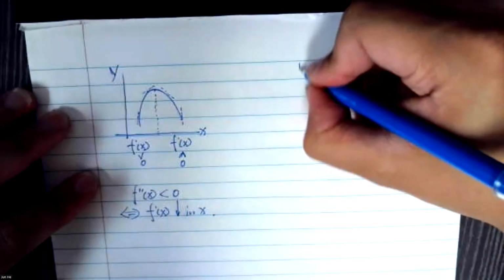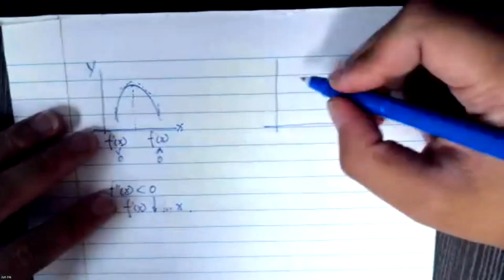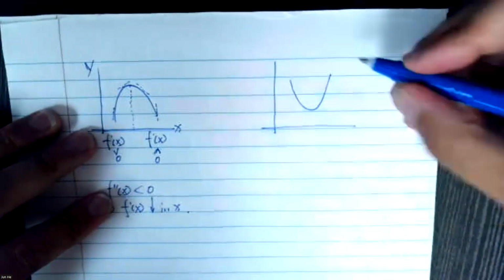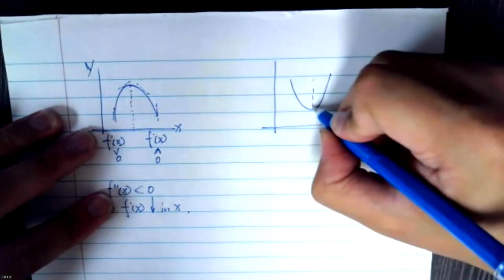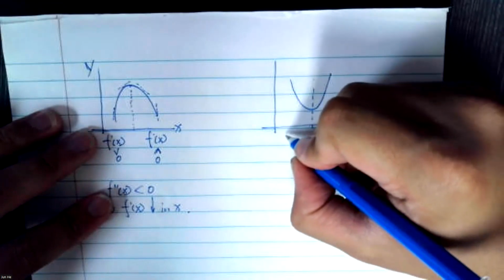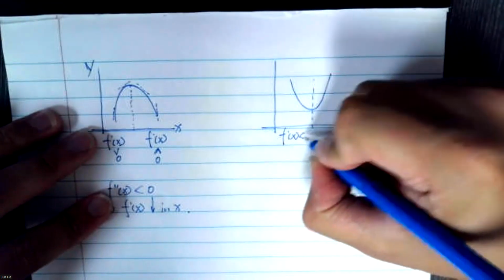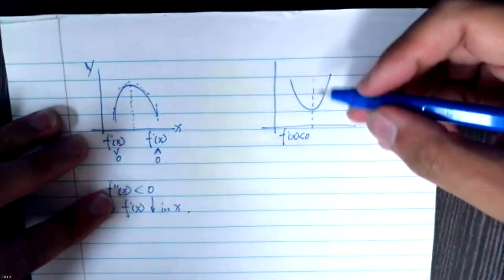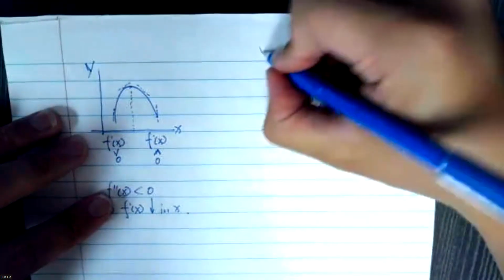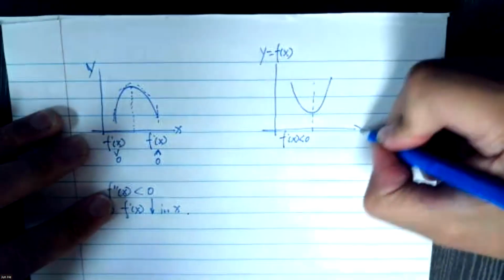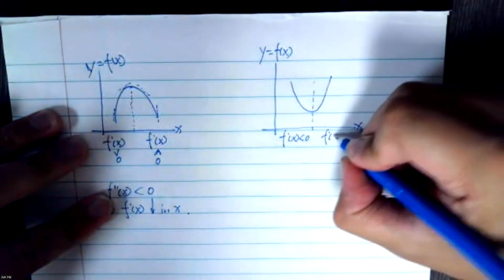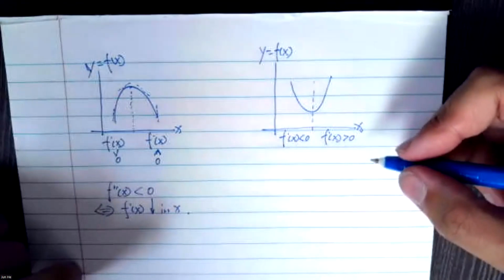So similarly, when it is convex, that's like a V shape, right? To the left of the vertex, f prime x is smaller than 0, right? The f x is decreasing in x. To the right of the vertex, f prime x is greater than 0.